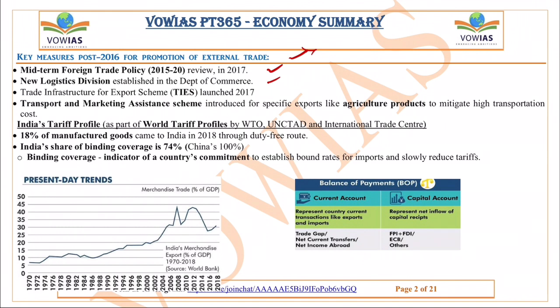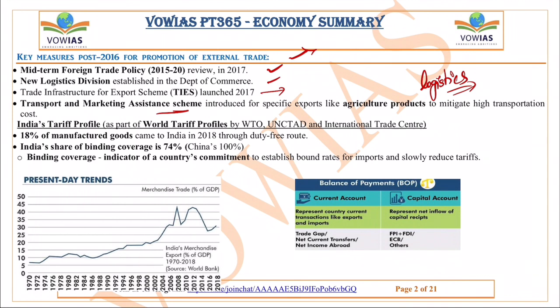And the trade infrastructure export scheme is mainly to set up new industries for exports. The transport and marketing assistance scheme is specifically for agricultural products to mitigate high transportation cost, because in India the logistics cost is one of the highest in the world. So to reduce this, especially for agricultural products, this scheme was launched.